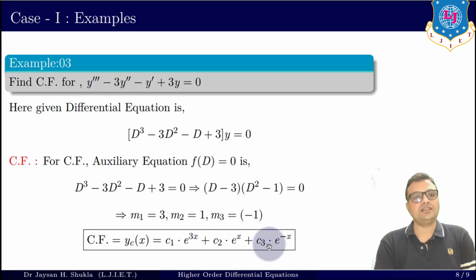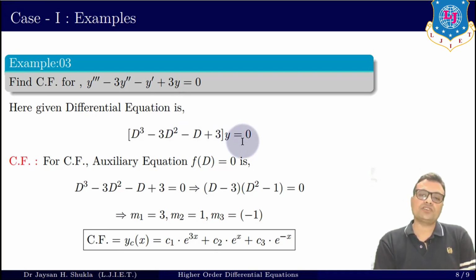Let us consider the third example. Question is again to find the complementary function for y triple dash minus 3y double dash minus y dash plus 3y equals to 0. The operator form of this equation will be D cube minus 3D square minus D plus 3 times y equals to 0.